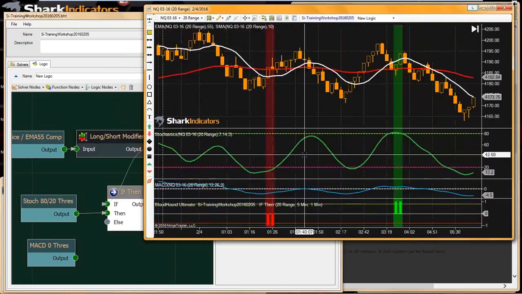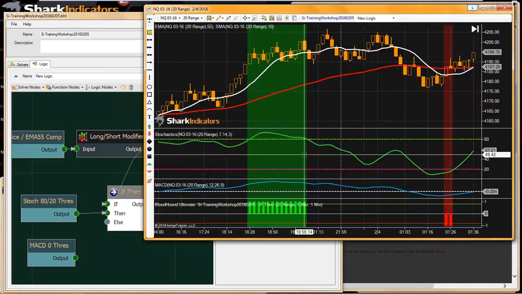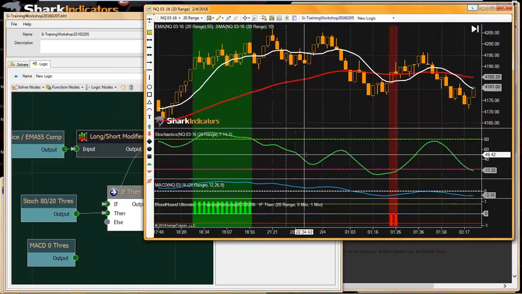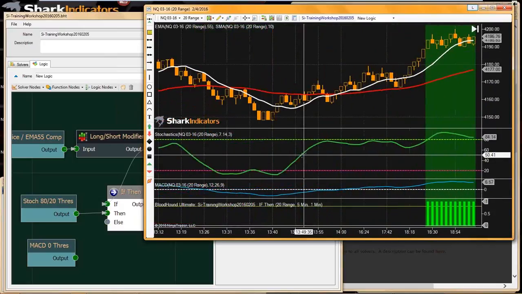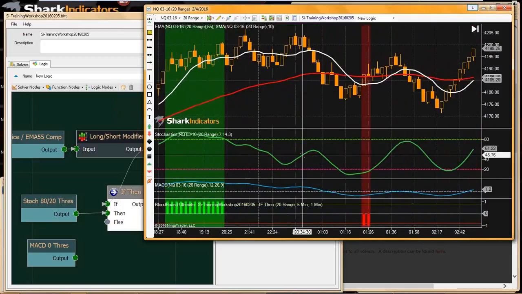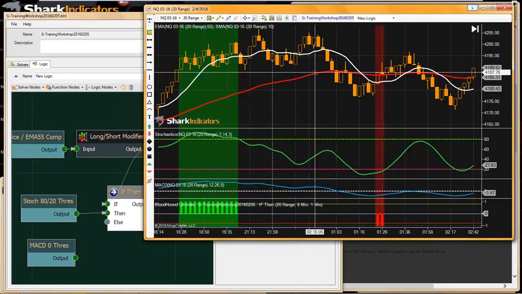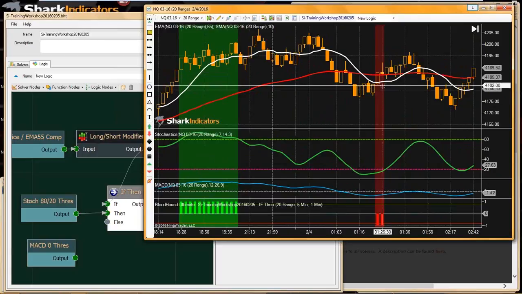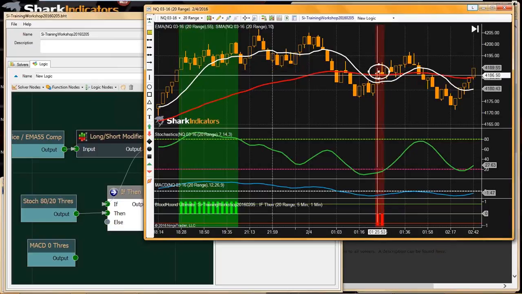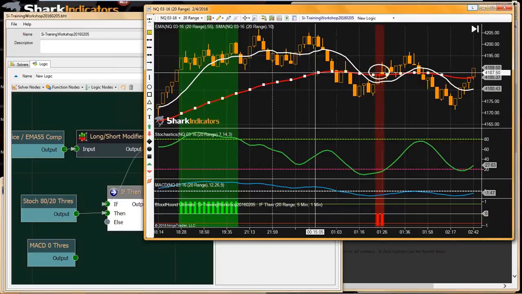And you know what? Everything is so synchronized right now. Okay, yeah. So here's an example. Right here, we have a couple of bars that are above our moving average.